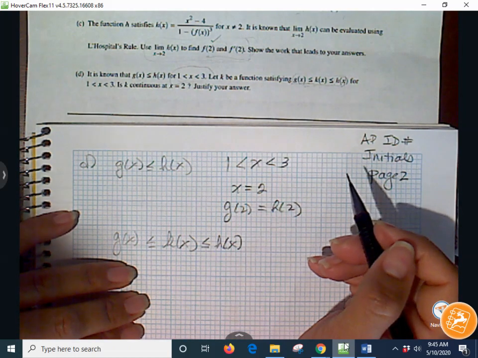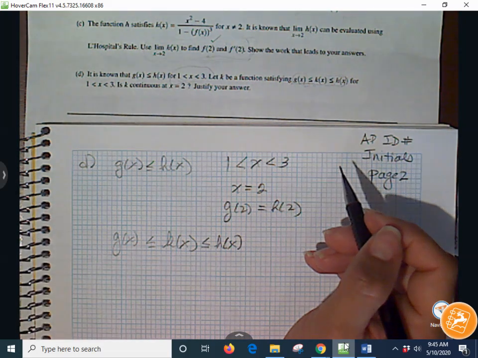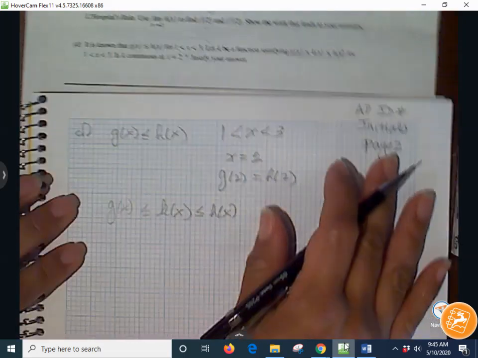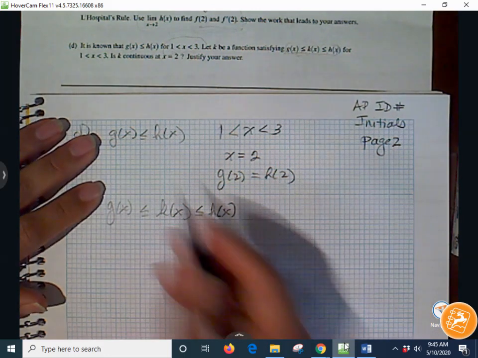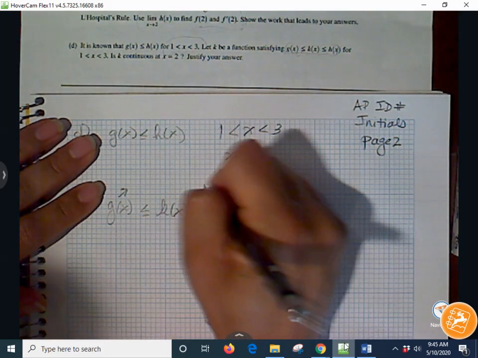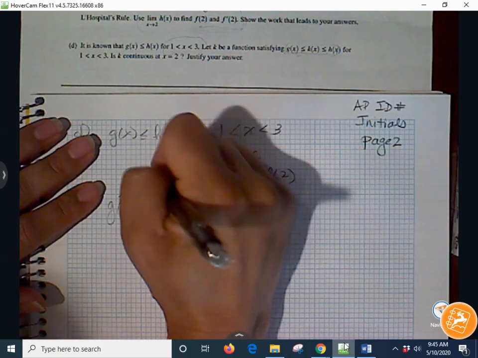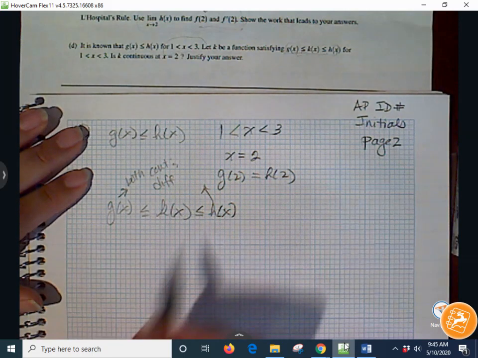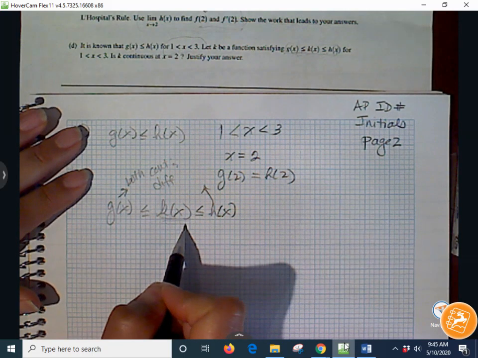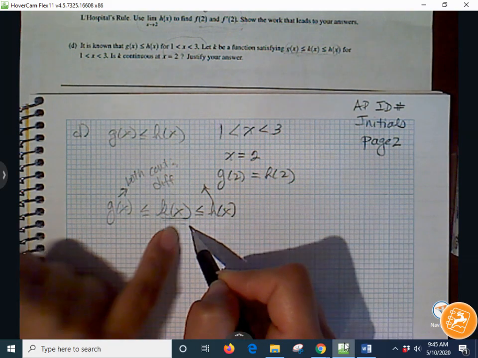For this, is k continuous at x equal to 2? Justify your answer. Well, here's the thing. Since this one and this one are both continuous and differentiable, and k is in between here, and it's going to be less than or equal to.